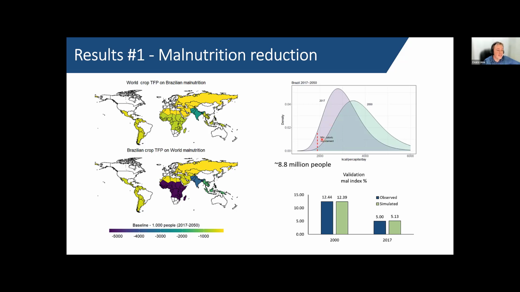All these people consuming less than the minimum calorie intake have some sort of food insecurity.